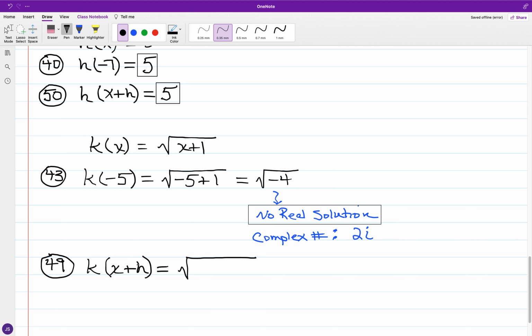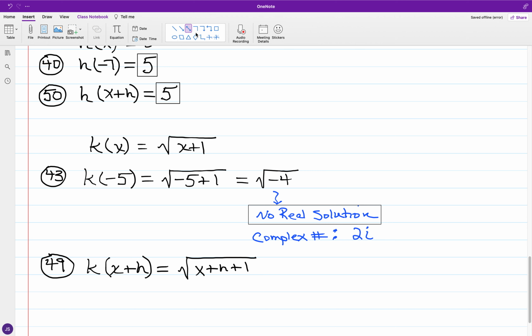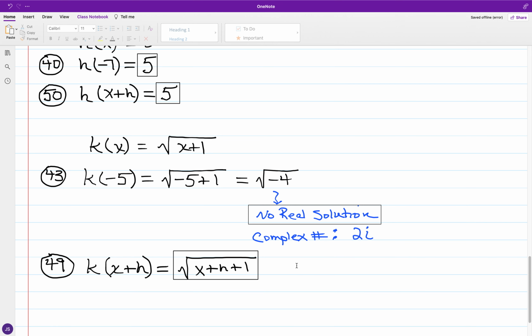We have k of x leads to the square root of x plus 1. Here, k of x plus h is going to lead to the square root of x plus h plus 1. And that is all there is in this one. And again, we have different capacities of looking at solving for functions in terms of numerical values as well as resulting expressions.